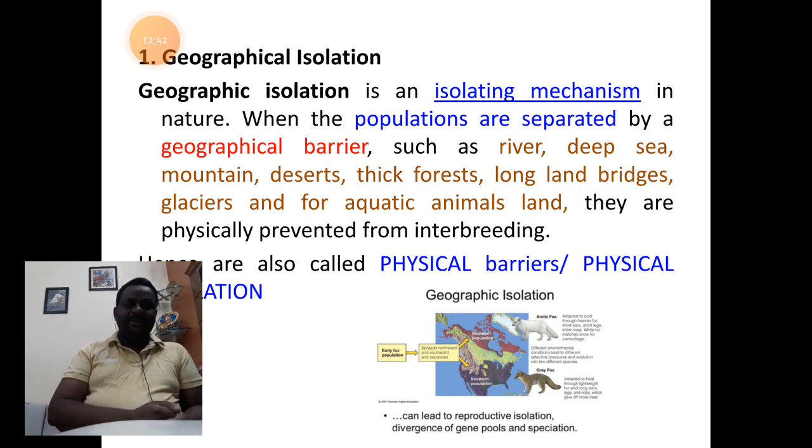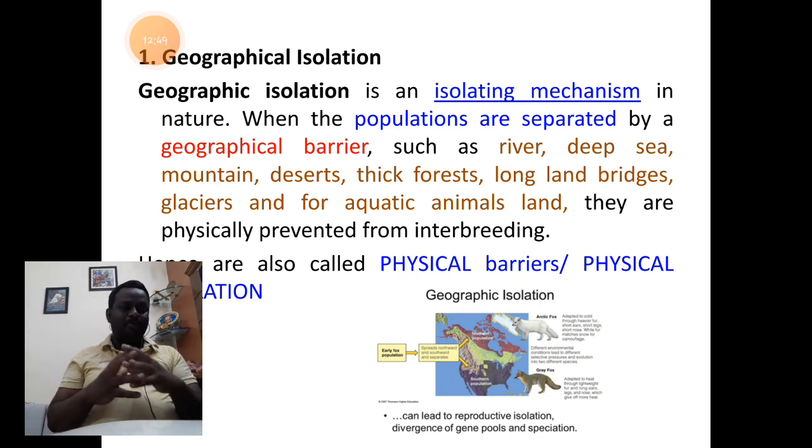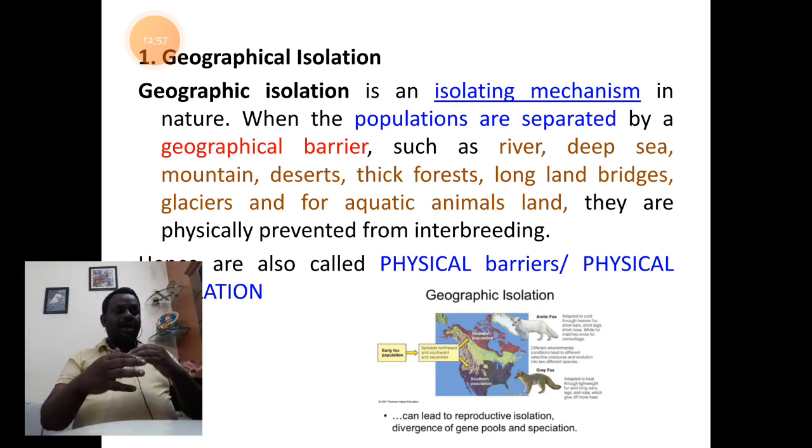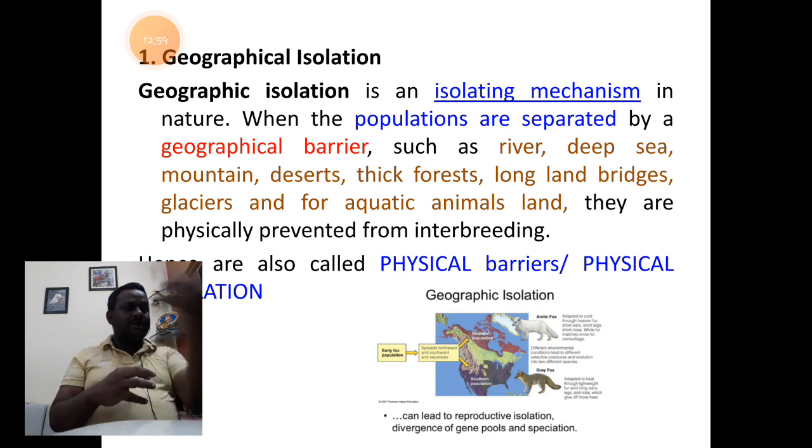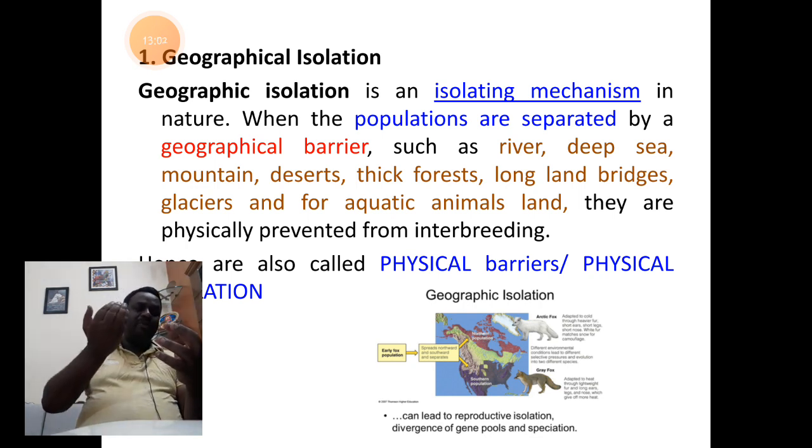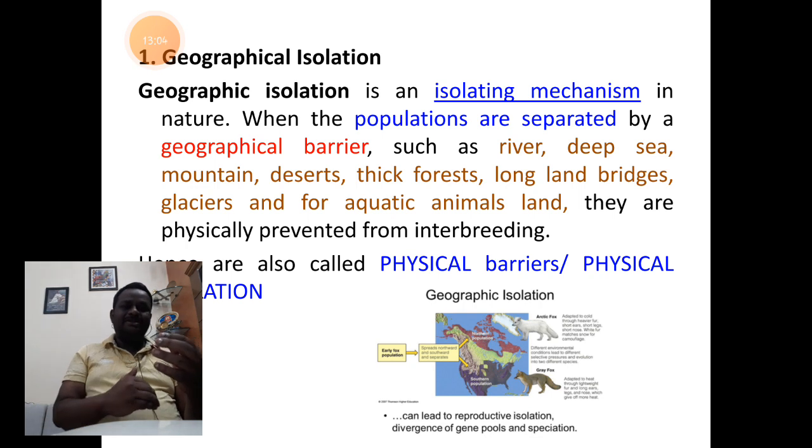Example. Here down in the slide we can see an ancestral fox population getting divided by means of barriers, and a few will reach the Arctic region and a few will reach a forest region down.